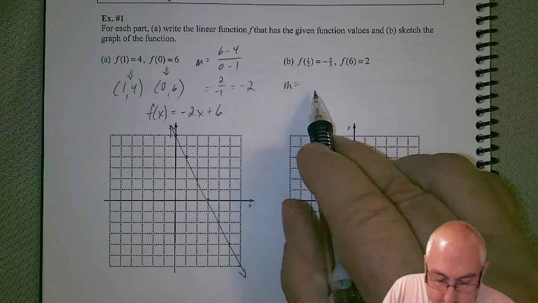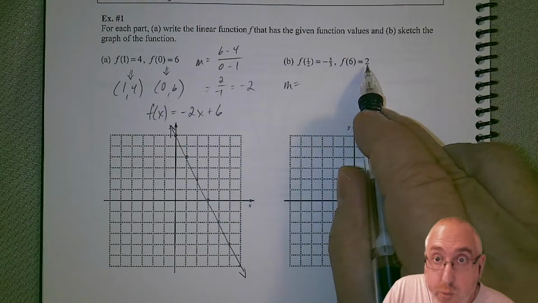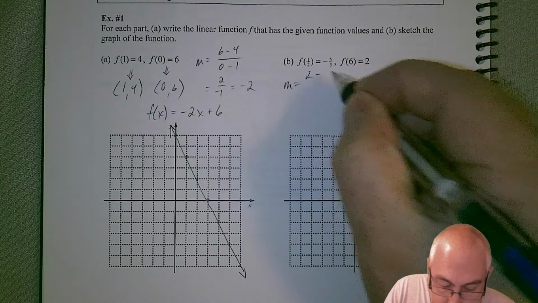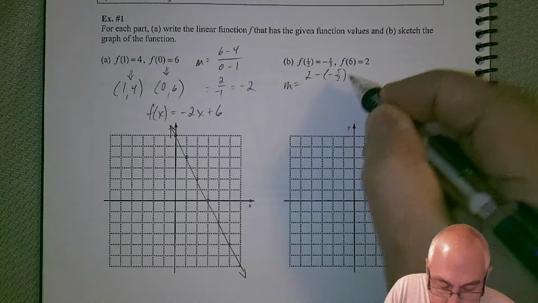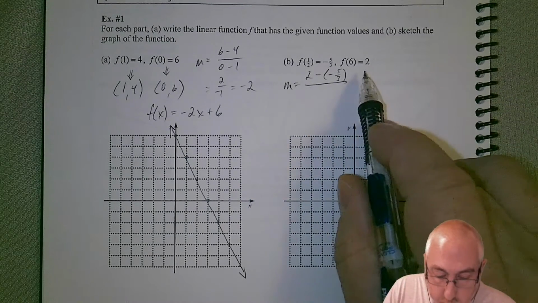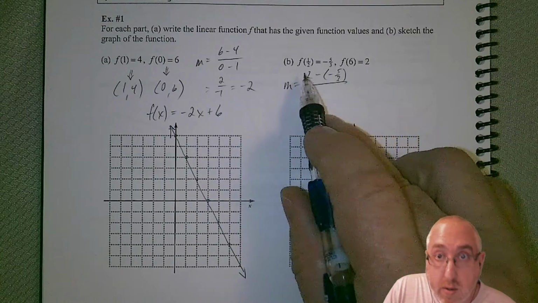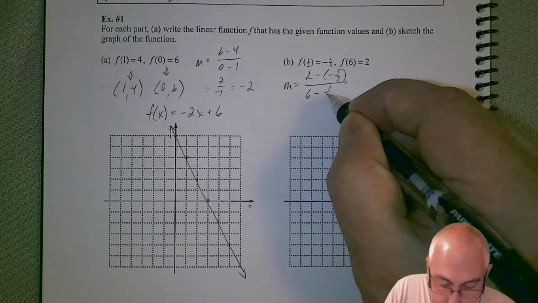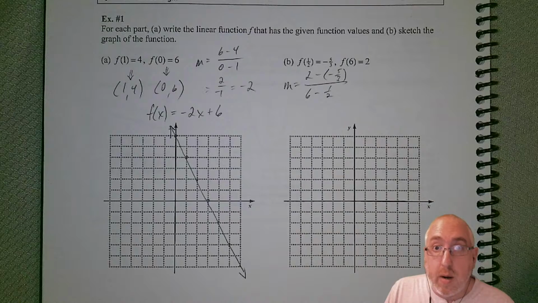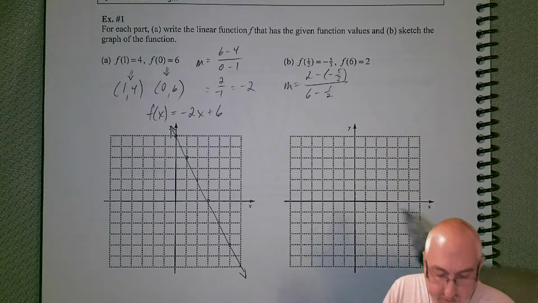So we got m equals y2 minus y1, so a negative 5/3. And then we want to subtract the x values. So we got 6 minus 1/2. All right, so now we just have to simplify this down.